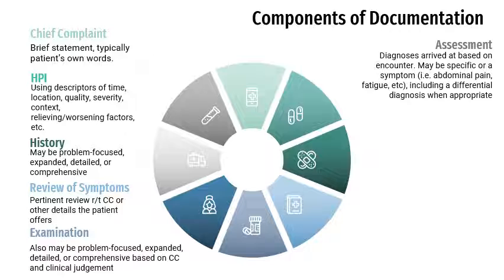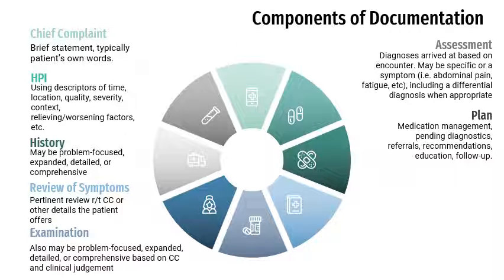Now, within the assessment itself, this is a very appropriate place to list out your differential diagnoses. So for somebody that you're seeing for an unspecified abdominal pain, you may list out cholecystitis, appendicitis, peritonitis, etc., as potential differential diagnoses. This would be an appropriate place to list those.